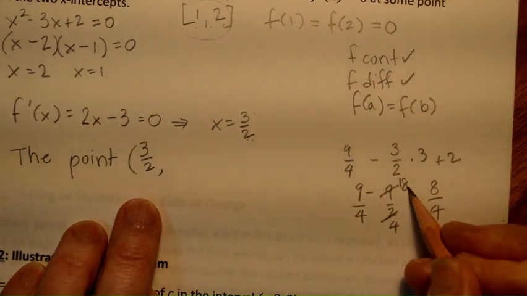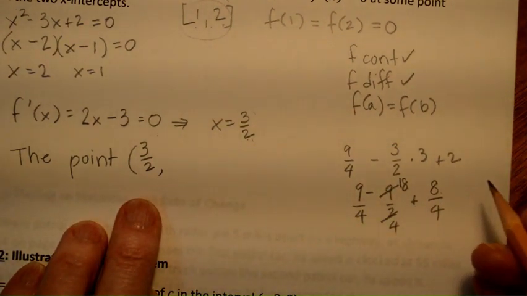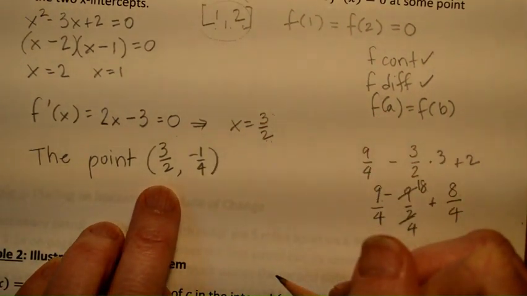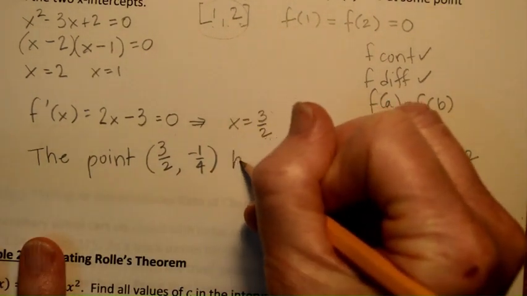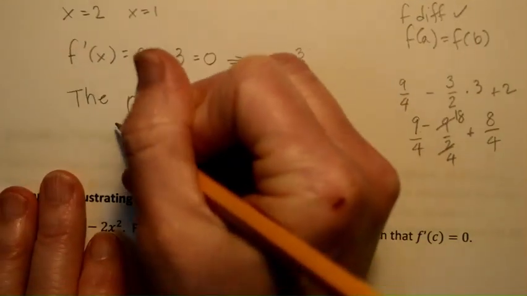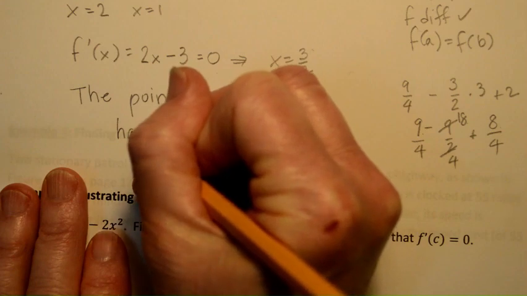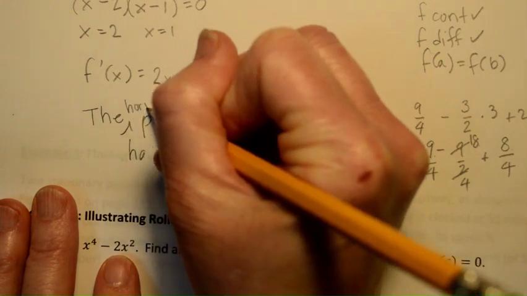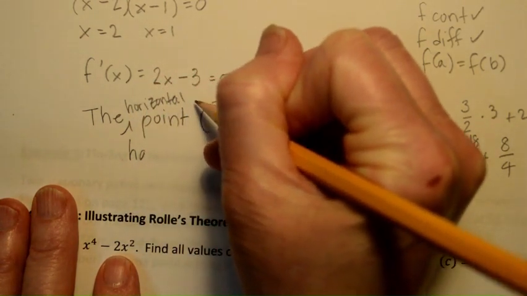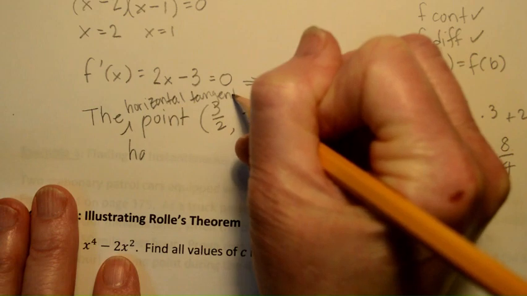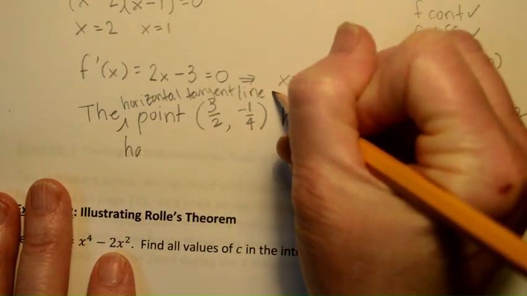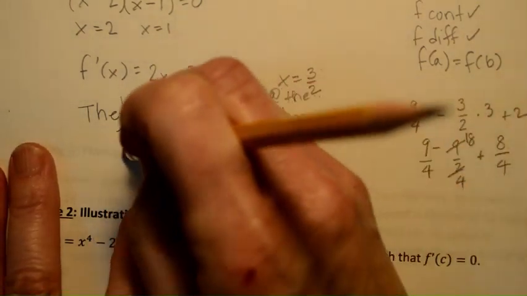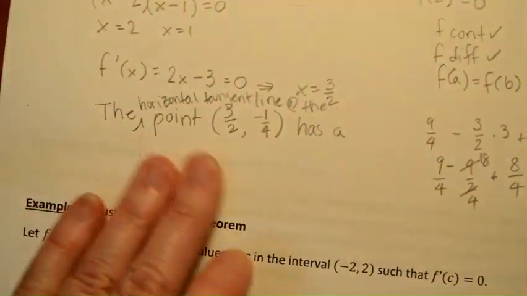So that's -9 plus 8, which is -1. So -1/4. The point 3/2, -1/4 has a horizontal tangent line, or let's say the horizontal tangent line at the point 3/2, -1/4 has a slope of 0.